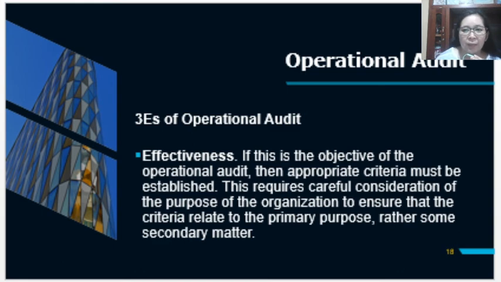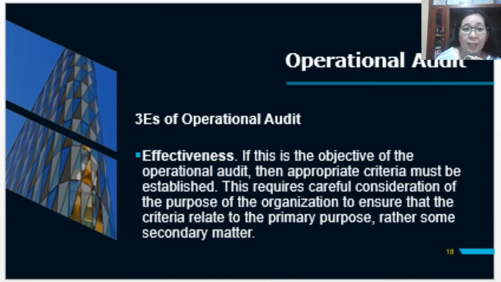So if this is the objective of the operational audit, then the appropriate criteria must be established so that there would be something that they can refer to in the evaluation.